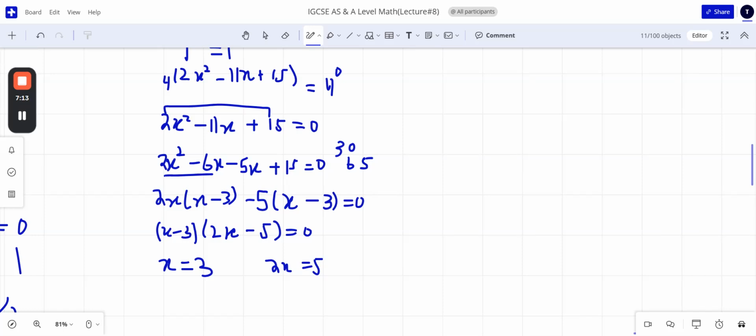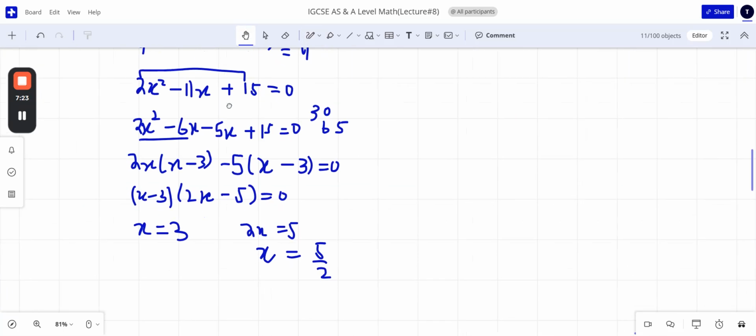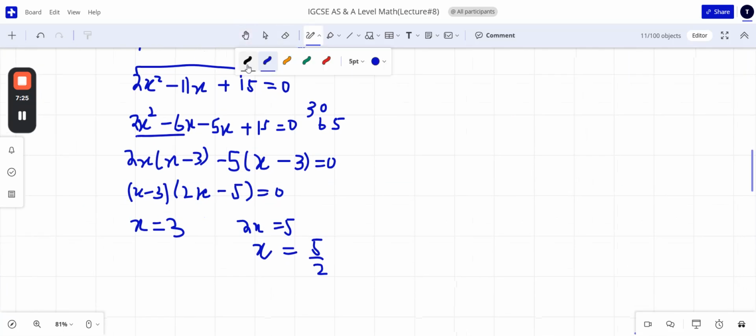Then we will shift the coefficient to the other side, so it becomes x equals 5 divided by 2. So we got the two values of x: x equals 3 and x equals 5 by 2.